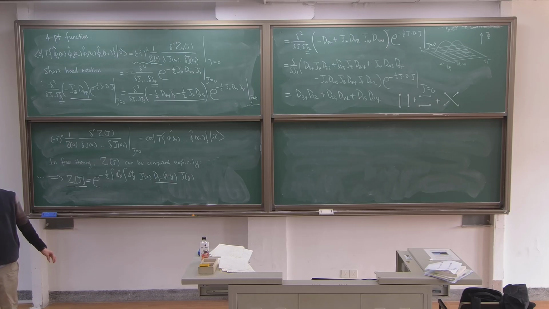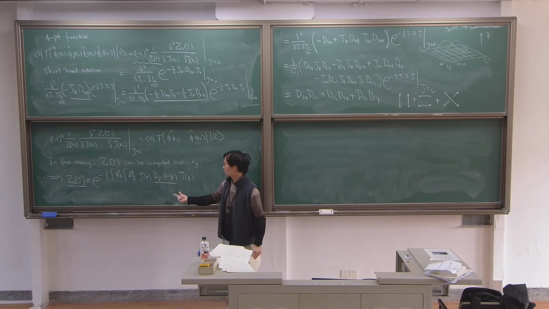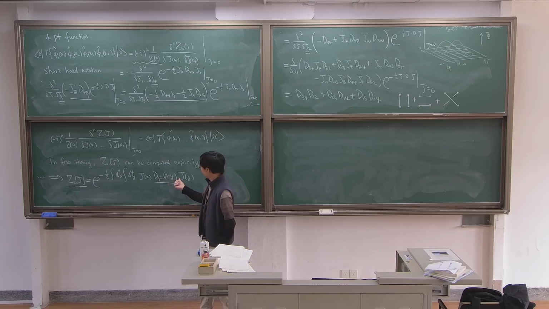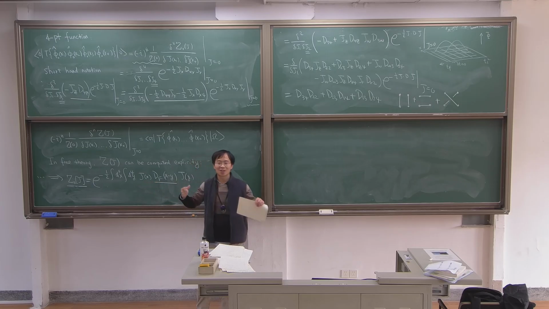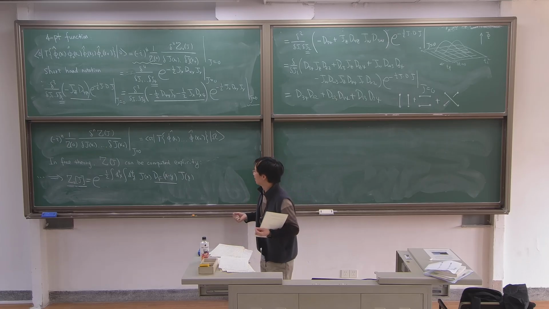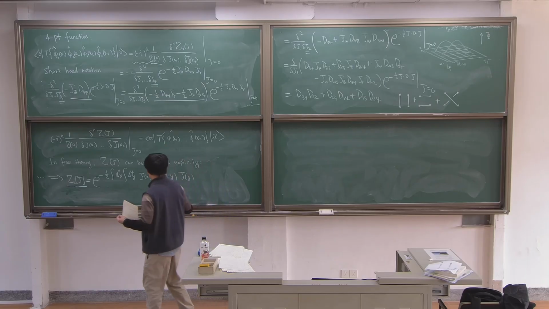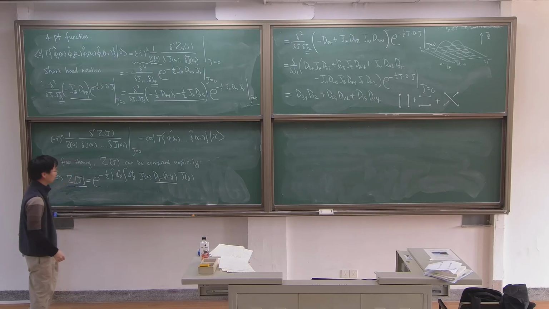Physically, you can understand this as follows. J is a source. Physically, this means when I have a source J, then through this Feynman propagator, it overlaps with another source. This generating function in free theory amounts to measuring this process from one source, propagating, and then to the other source.